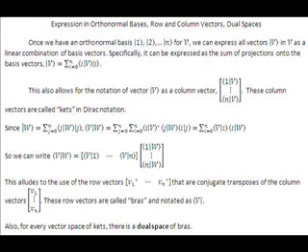If we take the transpose of it and take the complex conjugate, which basically just flips the Dirac notation, then our dot product just becomes multiplying the appropriate row matrix with the appropriate column matrix.